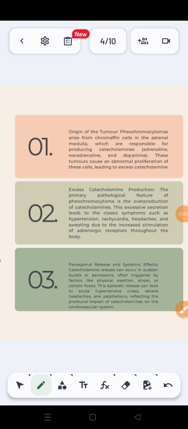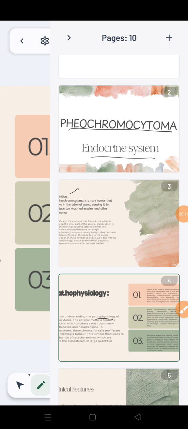So, what would be the symptoms? It's common sense. When adrenaline or noradrenaline gets increased, there are effects like symptoms, triggered by physical exertion, stress, and certain foods. Okay, let's move on to the next slide.